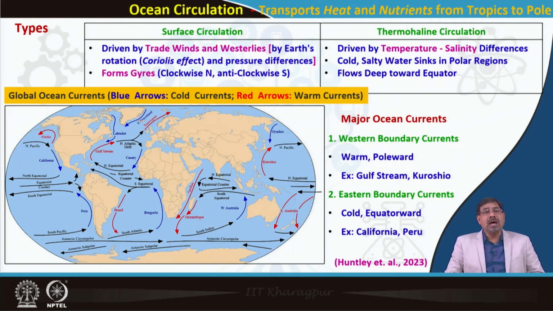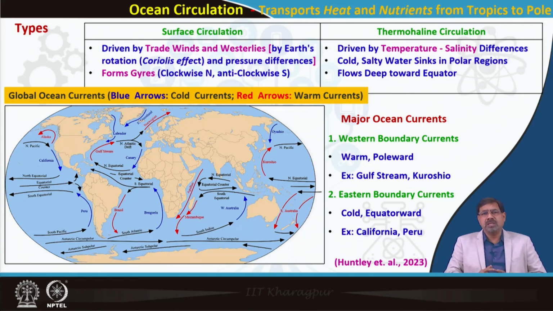Then you have the south equatorial current down below on the left side. Similarly, in the Atlantic region you will find the Norwegian current and the Gulf Stream as the warm currents, shown by the red arrows, and the others, the Labrador, the North Atlantic drift, the Canary and the North Equatorial currents, are shown by the blue arrows and represent the cold currents.